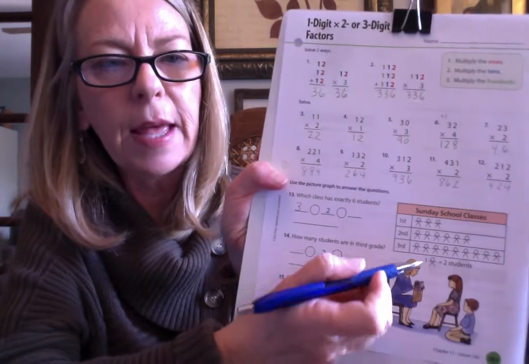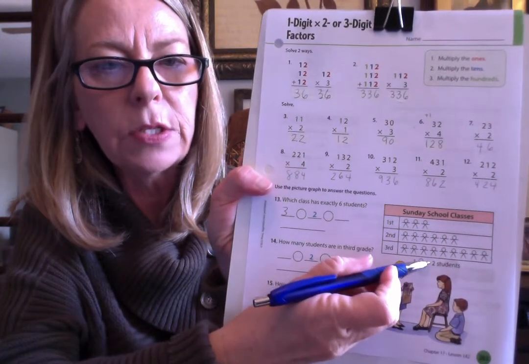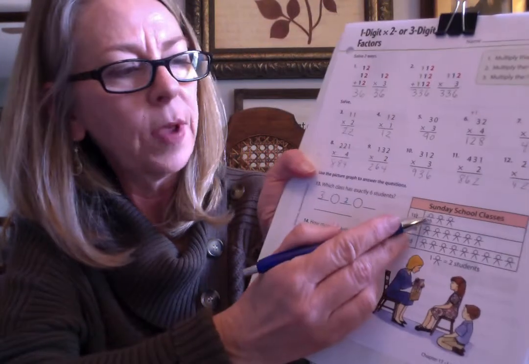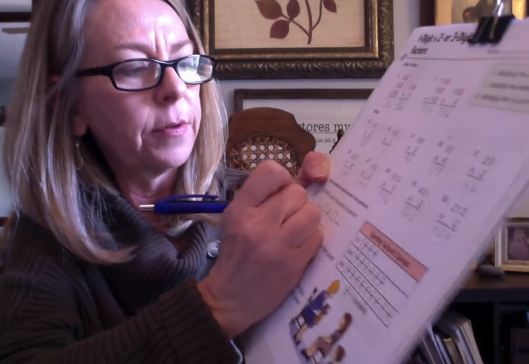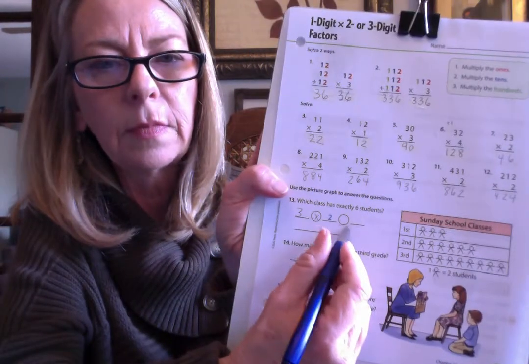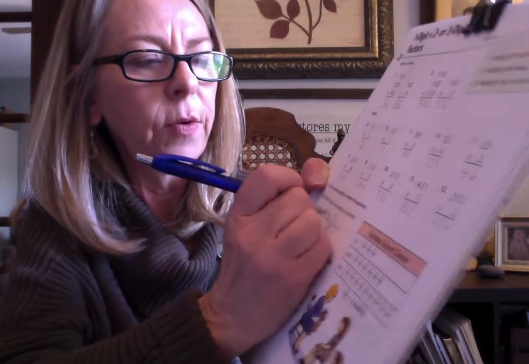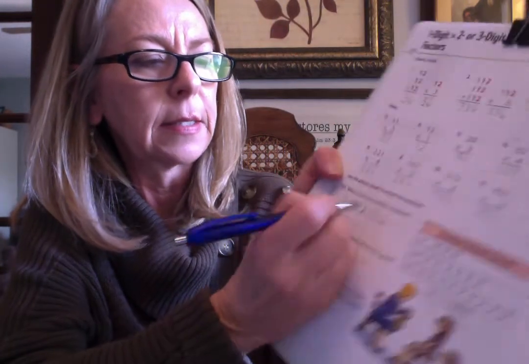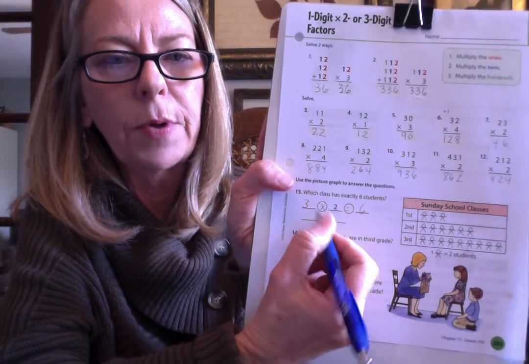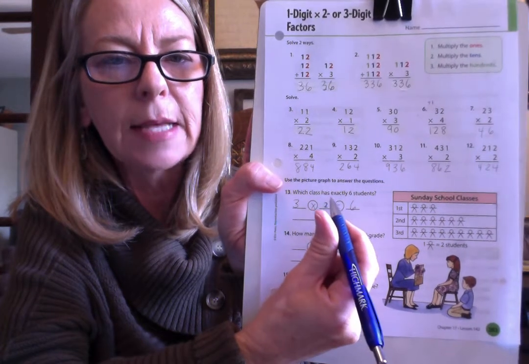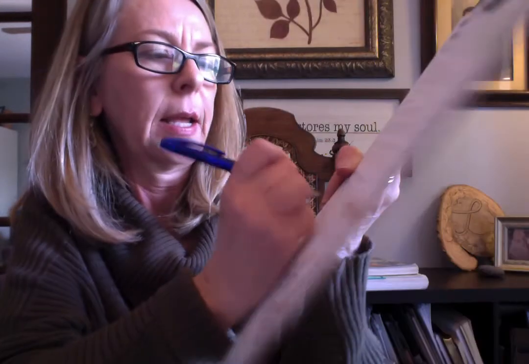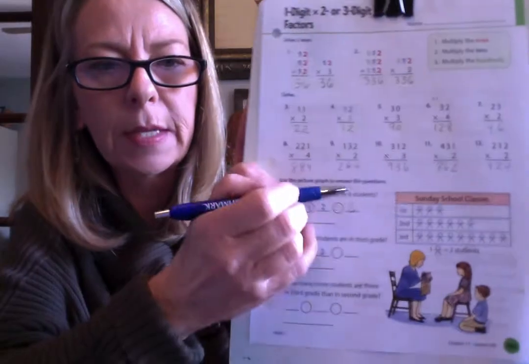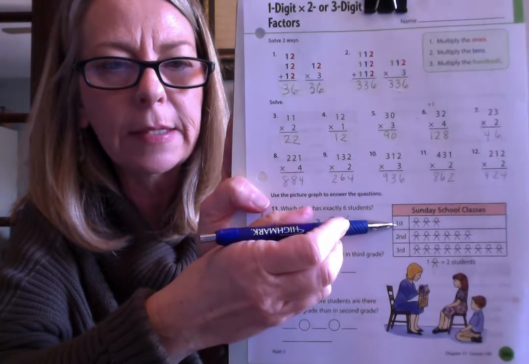And each of these stick figures means 2. So we're saying we've got 3 sets of 2. 3 times 2, and it equals 6, right? So now what do we put for the answer? The question was, which class has exactly 6 students? It's first, okay? Because we looked here for the name of the class.